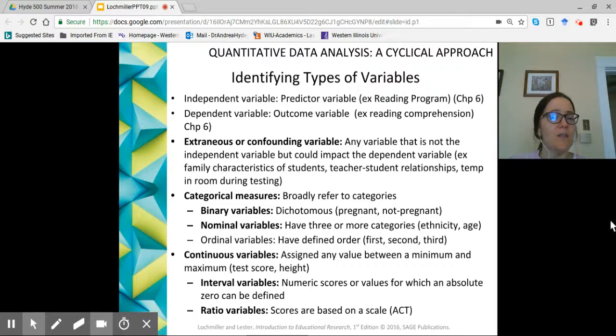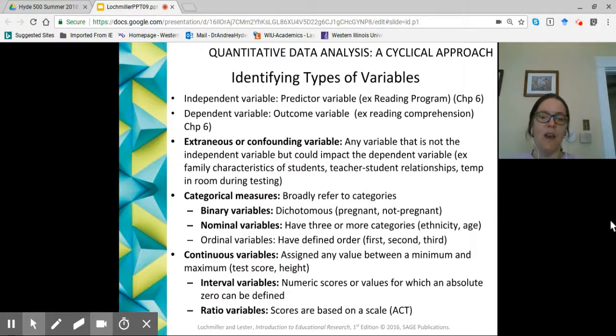And then continuous variables are those things that have a value between a minimum and a maximum. The reason age isn't here is because there's no zero age. Test scores and height are continuous. Well, there's no zero in height either.